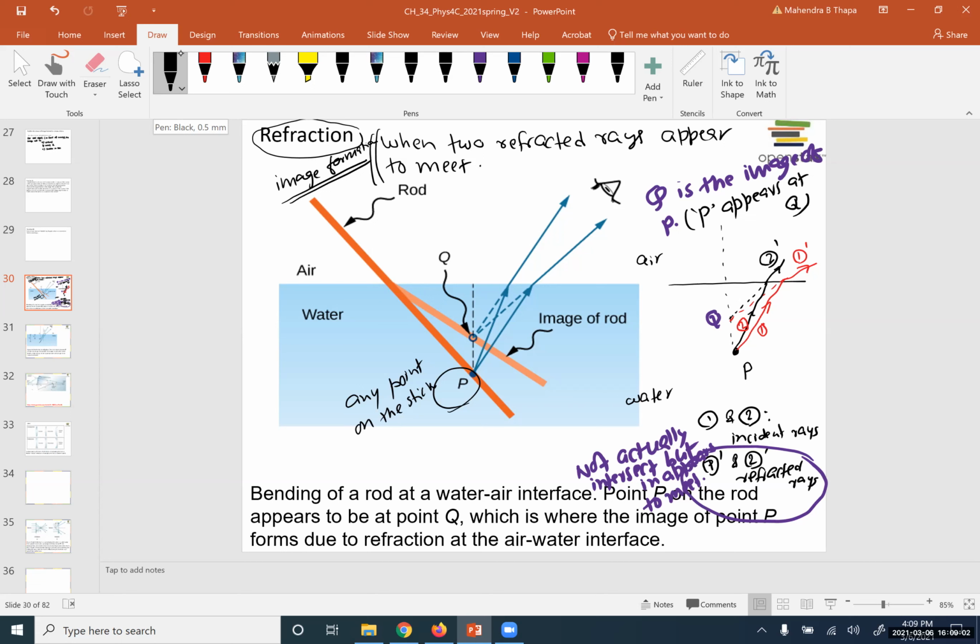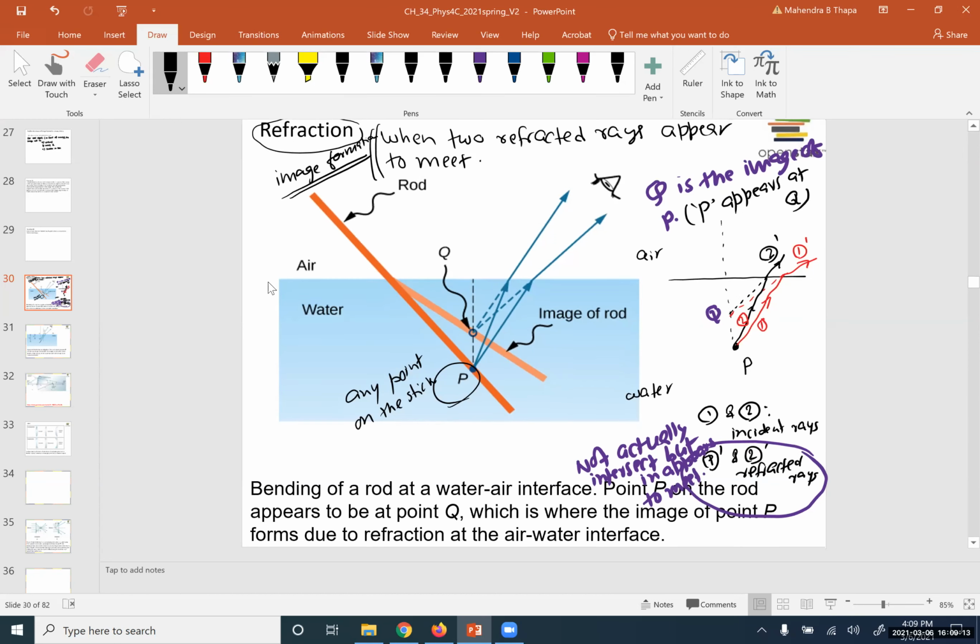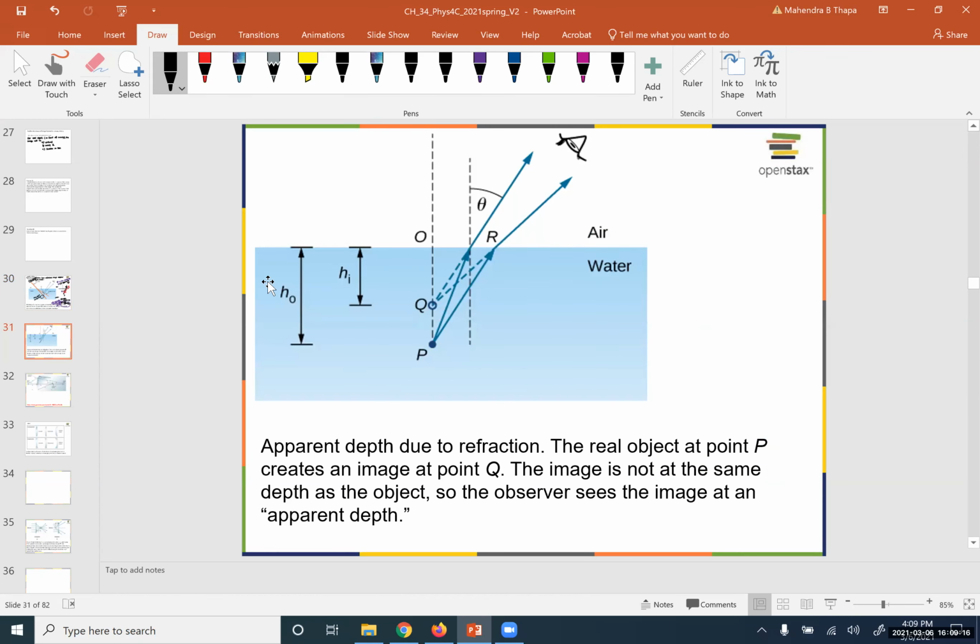So only the portion which is underwater appears to bend. Let's talk about, in this case, real depth and apparent depth. The same scenario, exactly the same picture. This is the actual location of the object. So we can say P is the object as before, and Q is the virtual image.